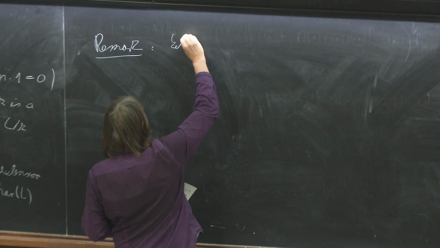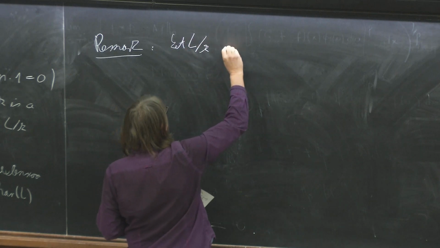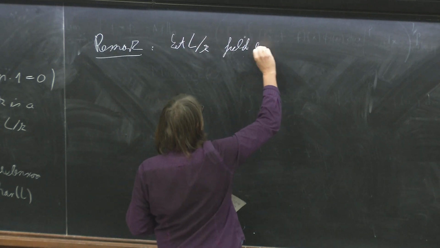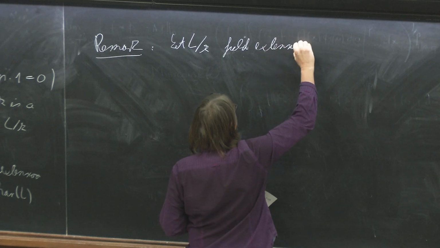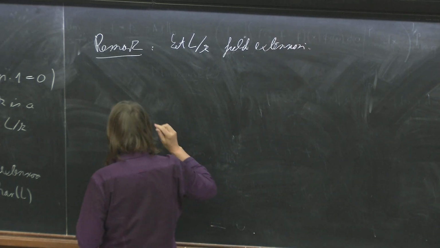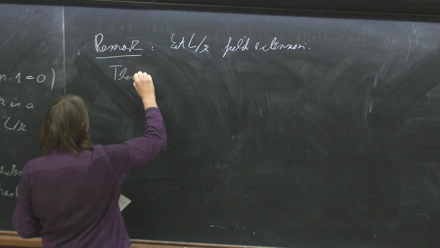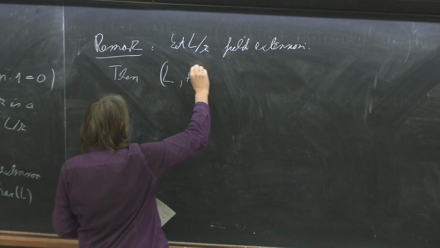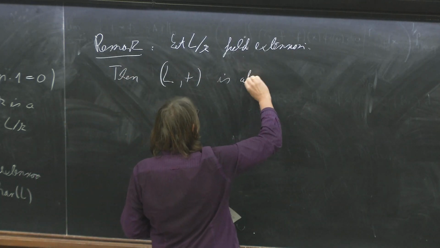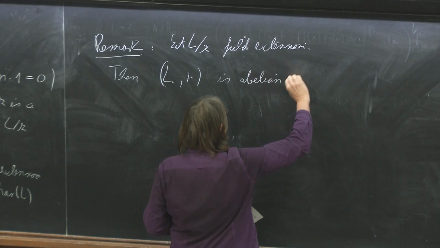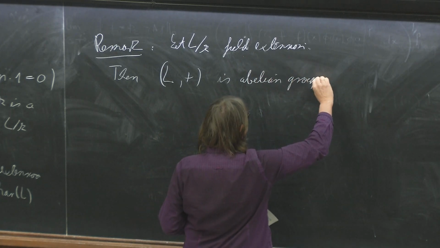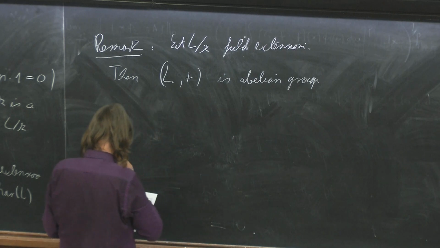If L over K is a field extension, then obviously by definition we have that L with the addition is an abelian group. That's part of being a field.